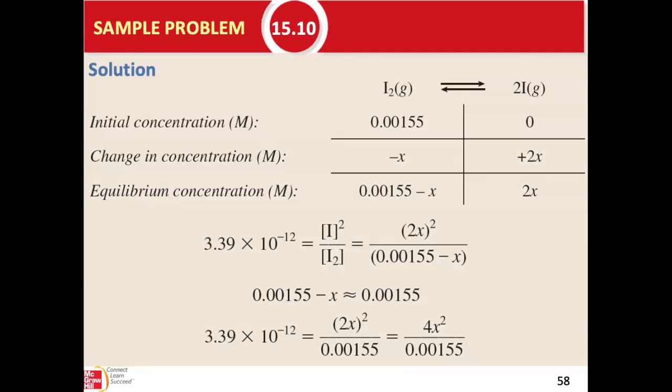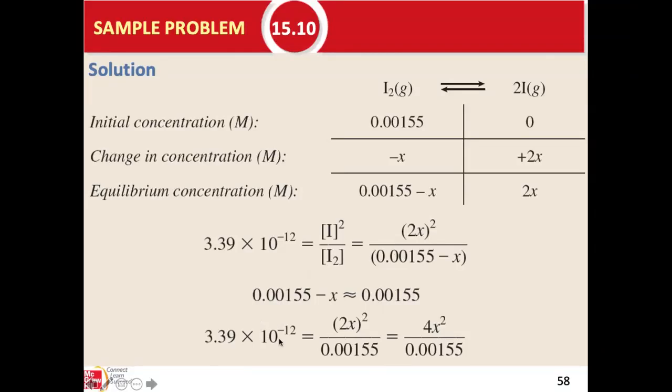How do we know that the change is not large? We're looking at the Kc. Kc is very, very small. So that means not a lot of reactant converted to make a product. So this expression equals almost the initial concentration.